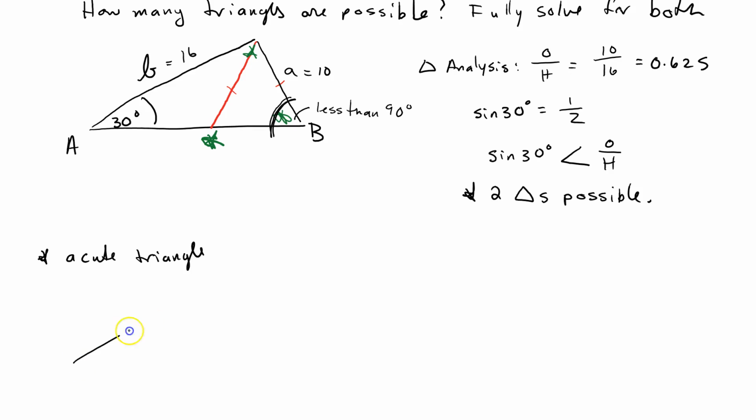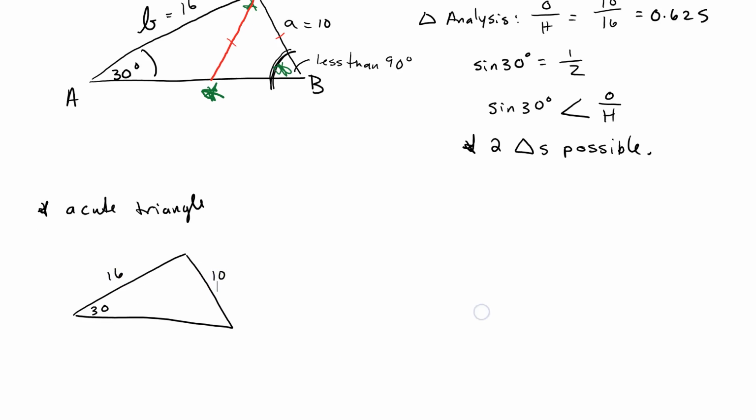So I'm just going to draw this guy right here, just the way I see it. This is 30. This is 16. This is 10. Now we need to use our couples of information to solve for the other sides. So we need to solve for C, B, and little c. I'm going to put stars beside the things we need to solve.